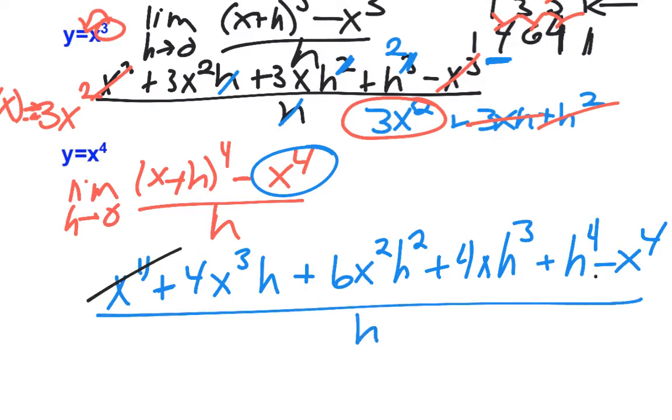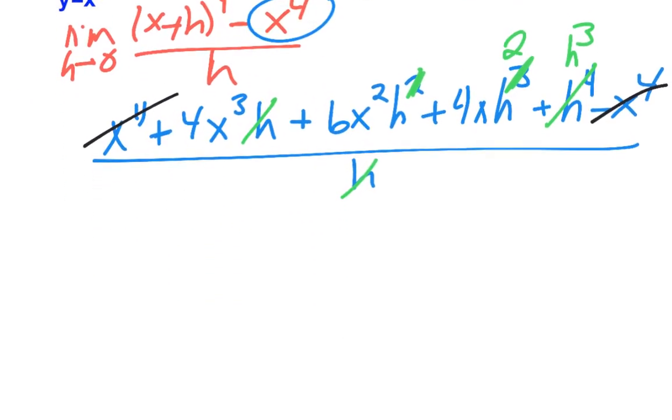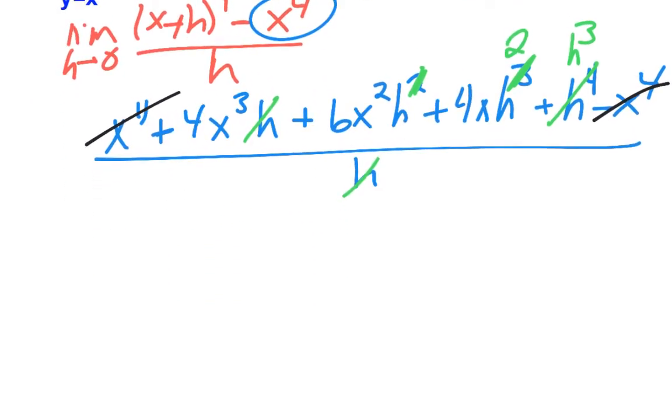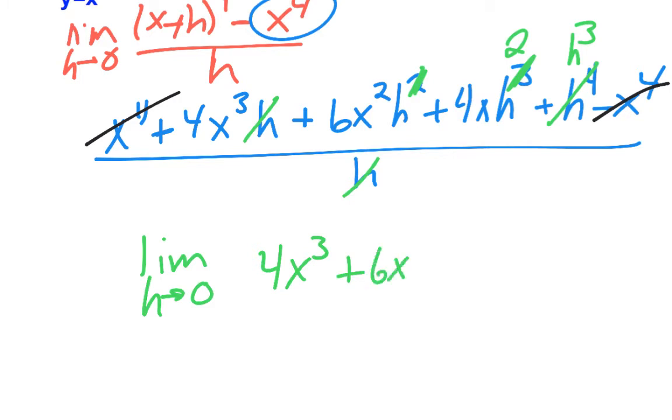So these two are opposites, they cancel out. I'm going to go ahead again and reduce my h's. It gives me the limit as h goes to 0 of 4x cubed plus 6x squared h plus 4xh squared plus h to the third.